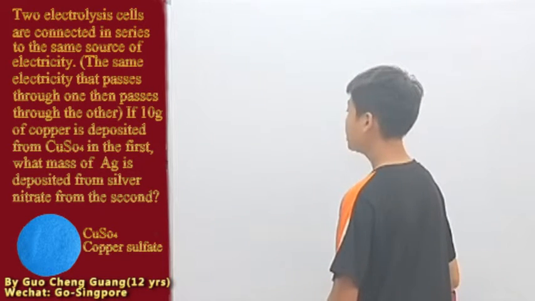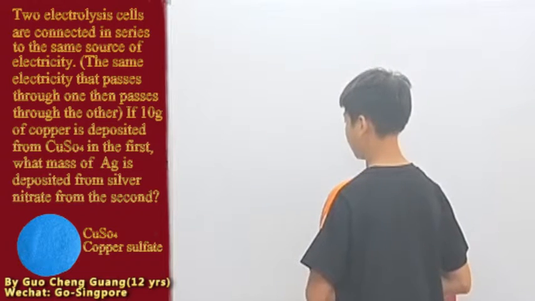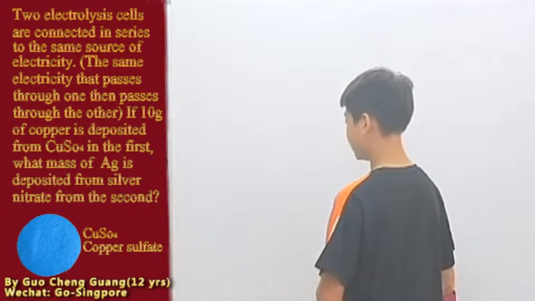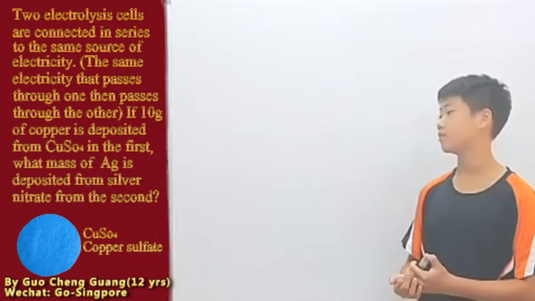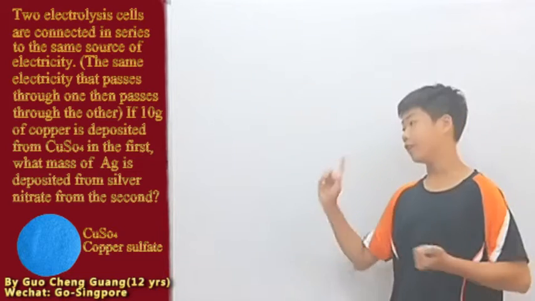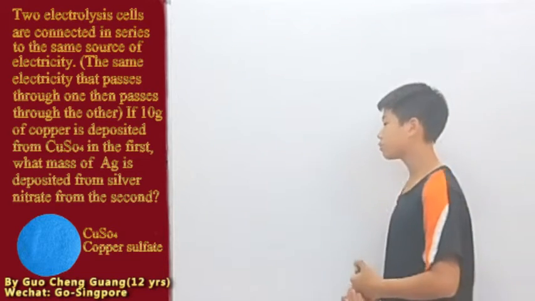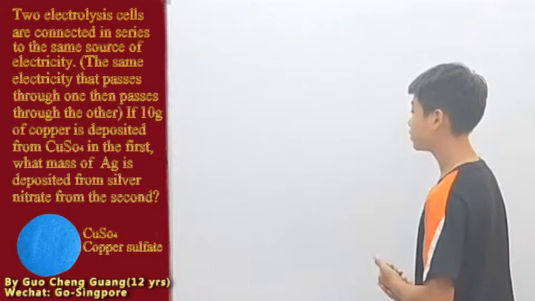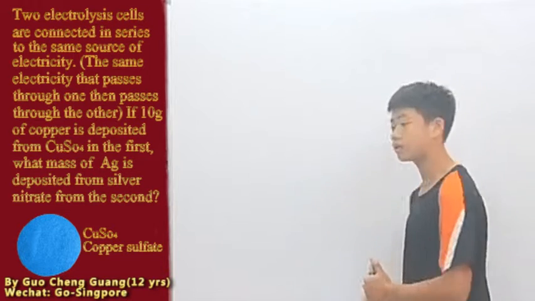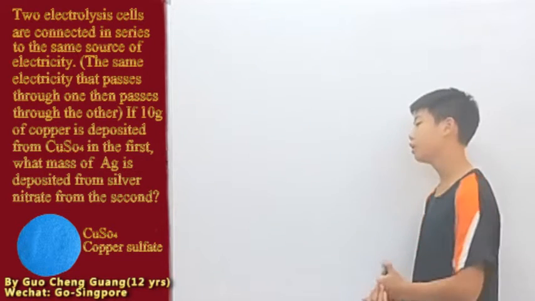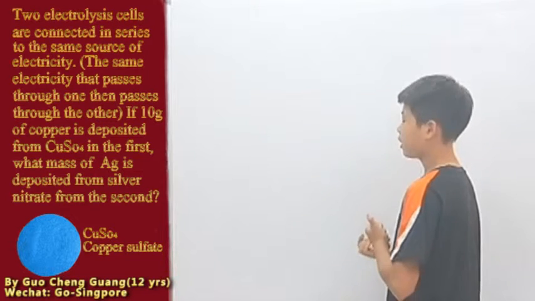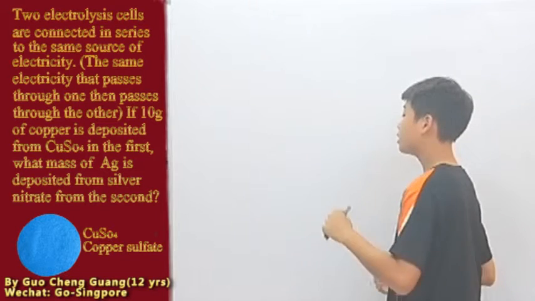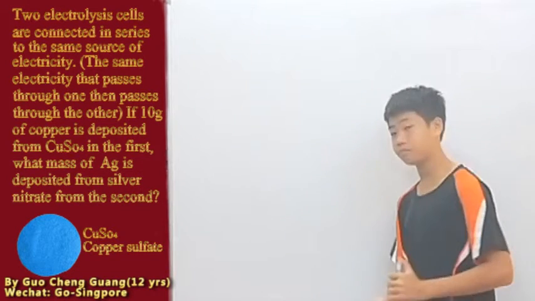Let's go on. If 10 grams of copper is deposited from copper sulfate in the first electrolysis cell, what is the mass of silver deposited from silver nitrate in the second electrolysis cell? So this is about copper and silver: copper from copper sulfate, silver from silver nitrate.